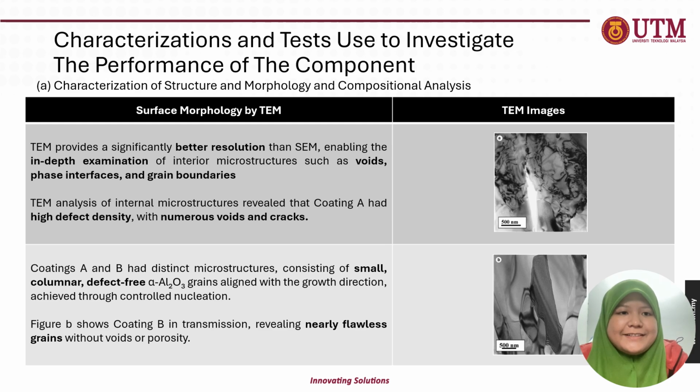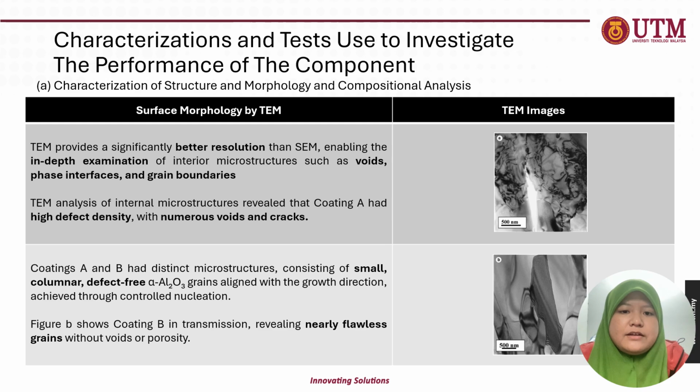The next slide is also about surface morphology, but now using transmission electron microscope. TEM provides better resolution than SEM, which enables in-depth examination of interior microstructures such as voids and phase interfaces. For example, we have TEM images of the same samples.